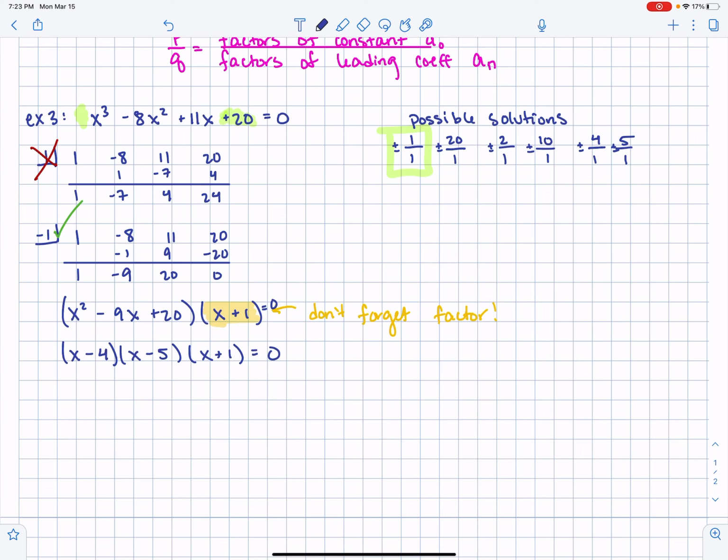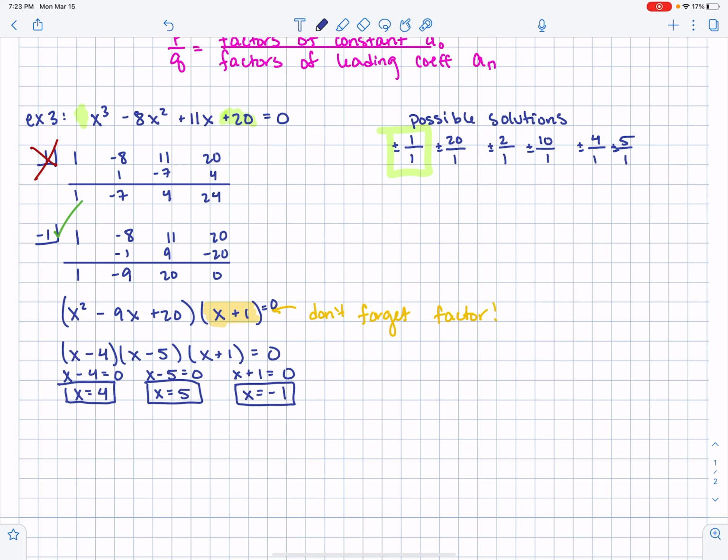Now they're all linears. We set them equal to 0: x minus 4 equals 0, x minus 5 equals 0, and x plus 1 equals 0. Solve them. x is equal to 4, x is equal to 5, and x is equal to negative 1. All three answers there ready to go for you.